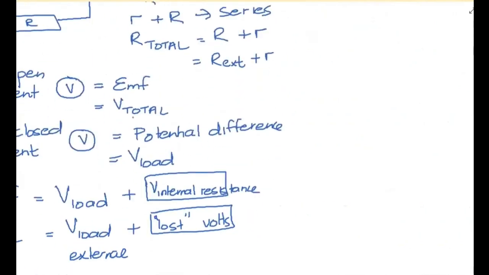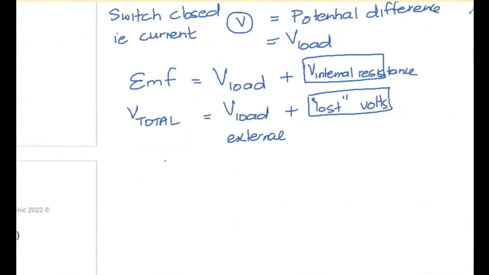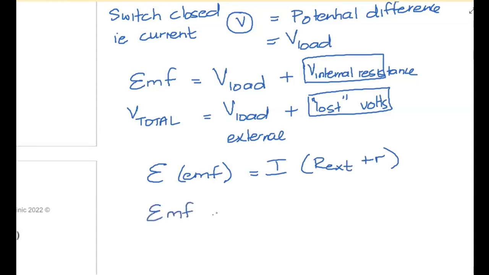So what I'm going to show you now is that you get these formulas. Unfortunately for you guys on the DBE, you only get one formula, and it looks like this. It's EMF is I times REXT plus R, which I'm going to very quickly show you how you get it. What's nice on the IEB is that we get 2 formulas.